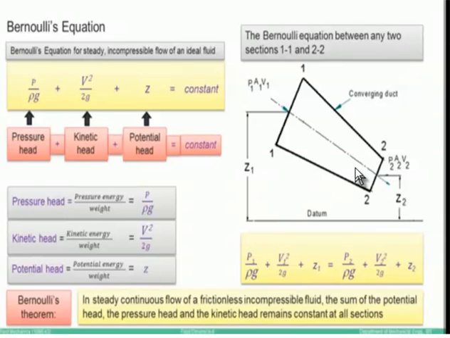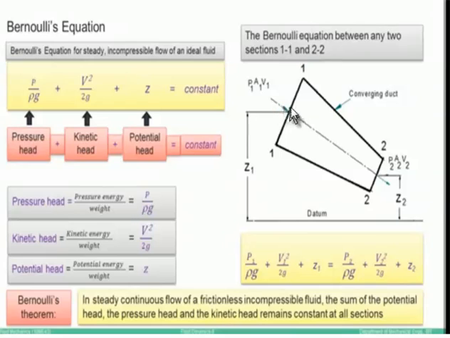This is how we apply Bernoulli's equation to these two sections. According to Bernoulli's theorem, we write the equation for section 1 as well as section 2. The equation is P by rho g plus v square by 2g plus z is equal to constant.